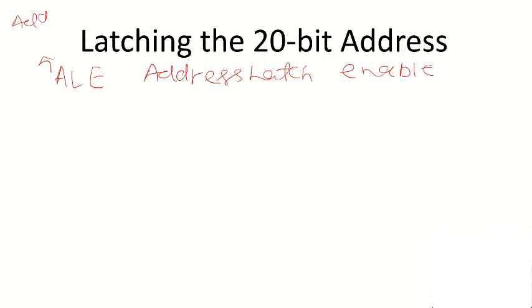So this ALE is address latch enable. This ALE signal is used to demultiplex the address data bus and address status signals.